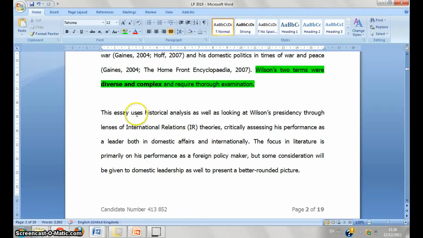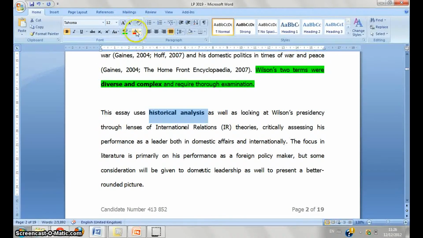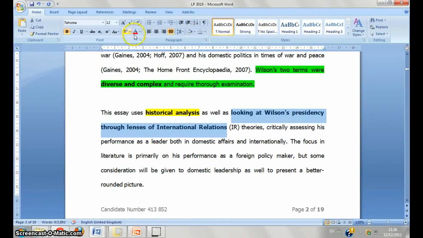So this essay is using historical analysis, which is my method, and it's looking at Wilson's presidency through lenses of international relations theories, which is another method.